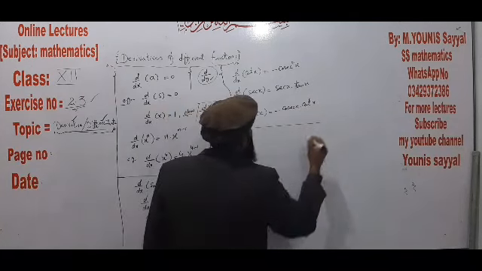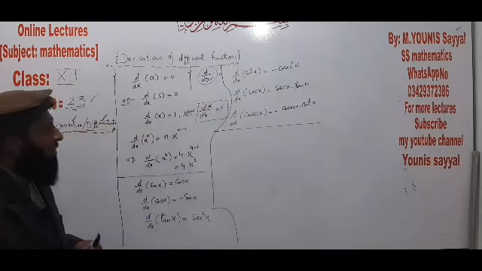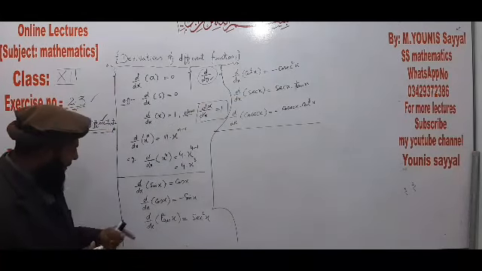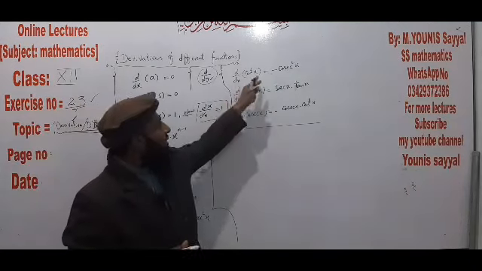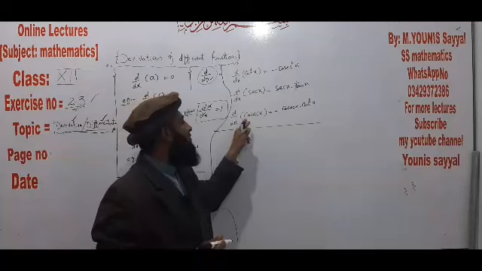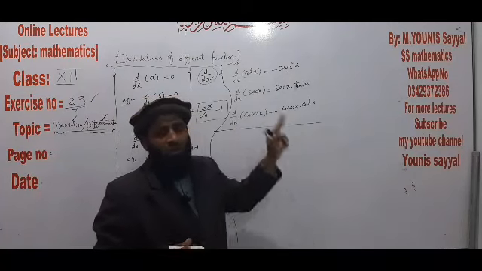My dear boys, stop here and learn some points. Derivation of cos x is negative, derivation of cotangent x is negative and derivation of cosecant x is also negative.